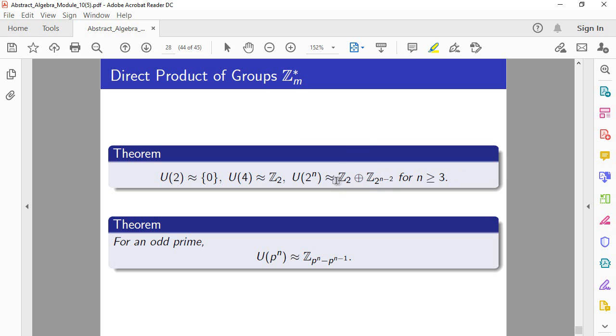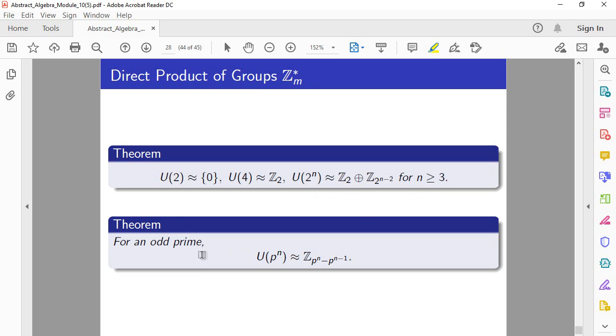So the modulus here is 2 to the power n minus 2. This is for n greater than or equal to 3.